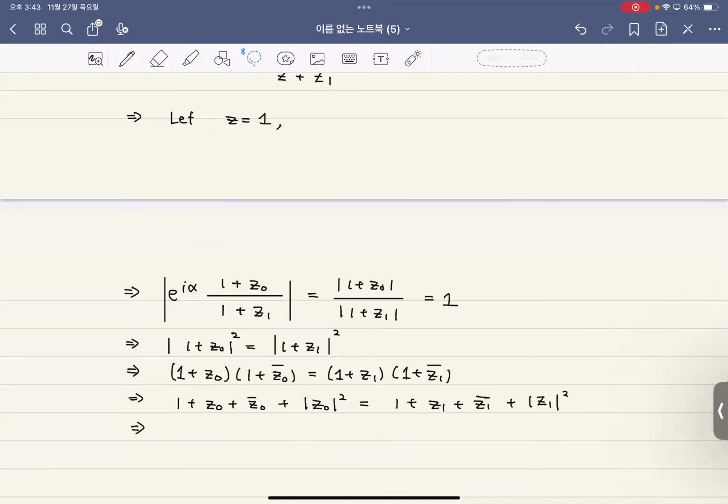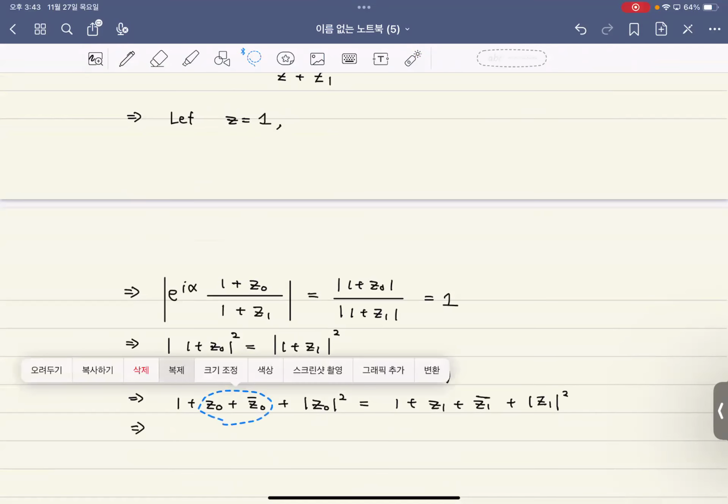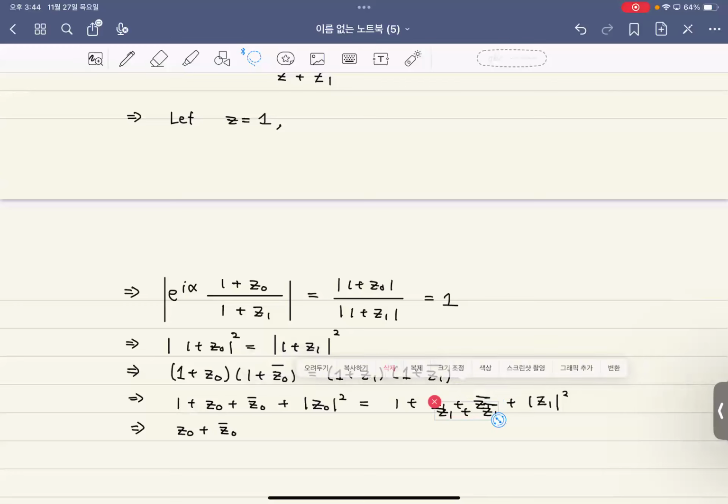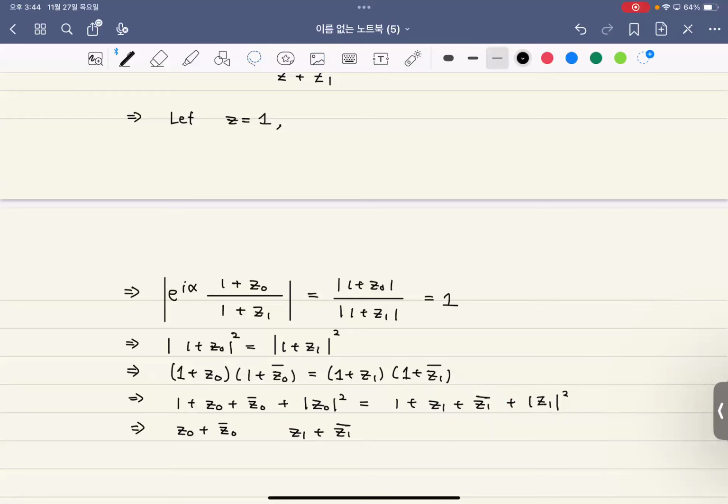So I have this guy equal to this. And this is just 2 times the real part of z0 equals 2 times the real part of z1.